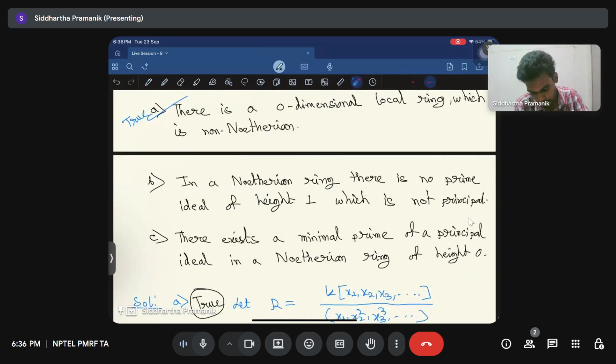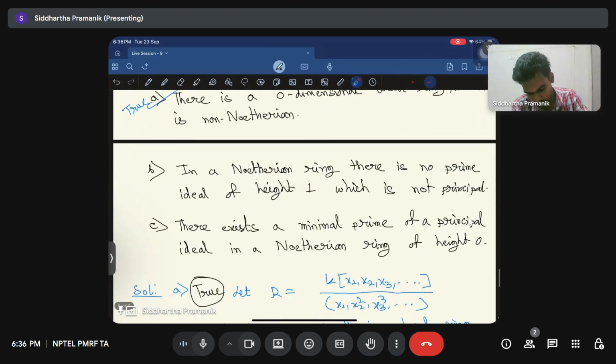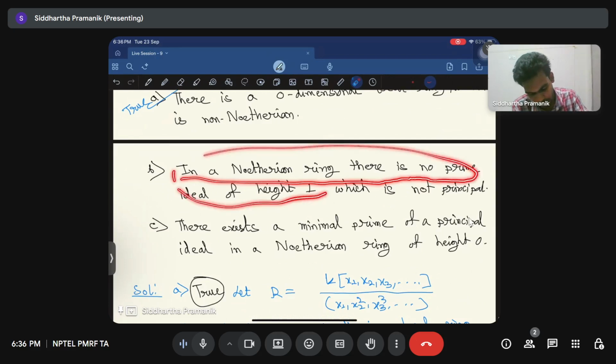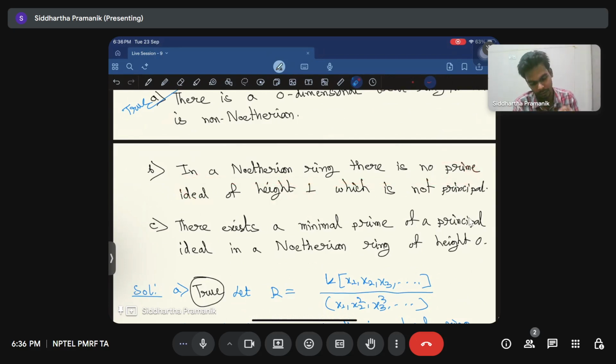Here the second one says that in a Noetherian ring we cannot have a prime ideal of height 1 which is not principal. So it says we cannot have a non-principal prime ideal which is of height 1.